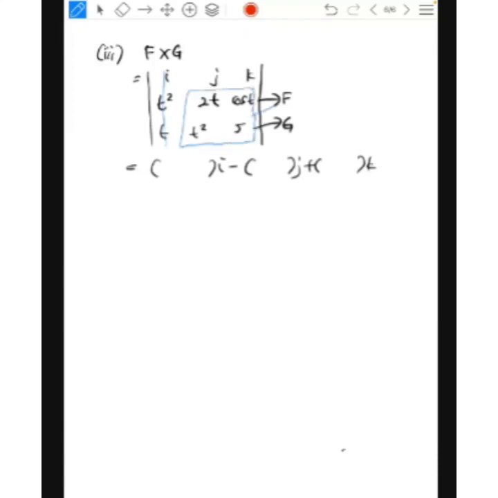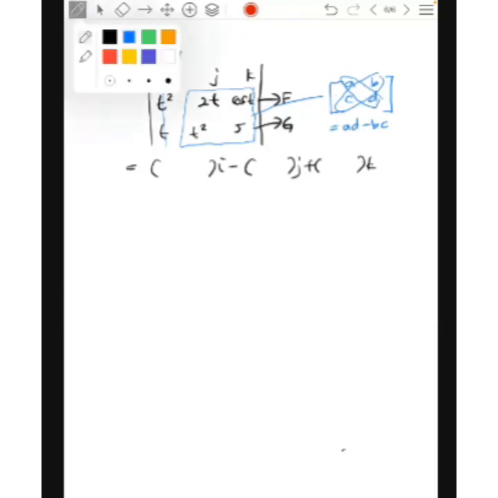What happens here is if you have A, B, C, D, then you do the matrix operation of AD minus BC. Okay, AD here minus BC here. So for every term that will happen. And then don't forget it must be plus minus plus.